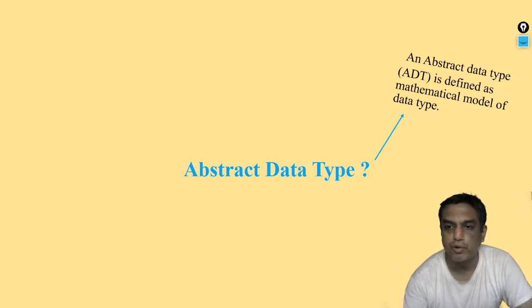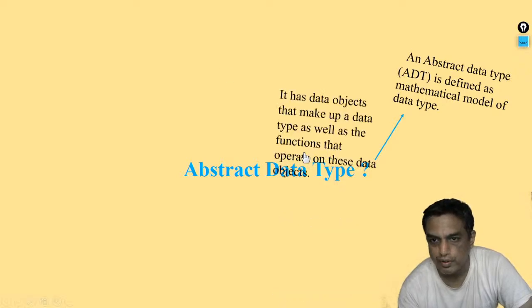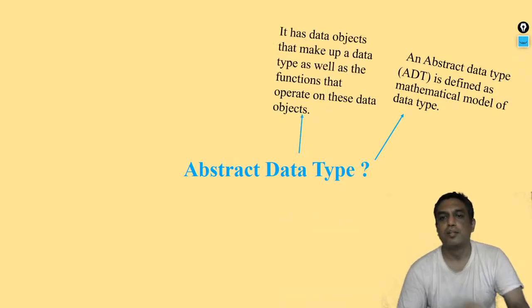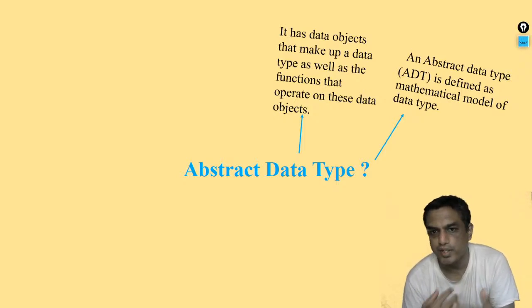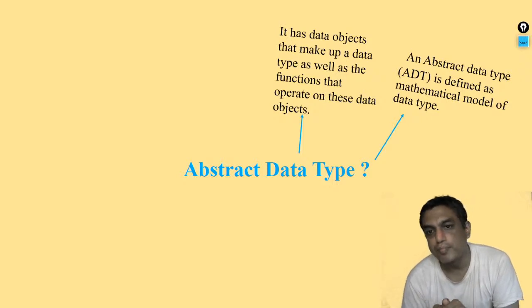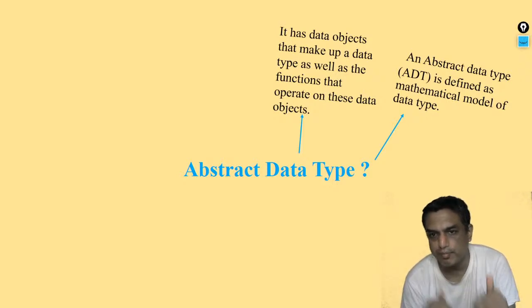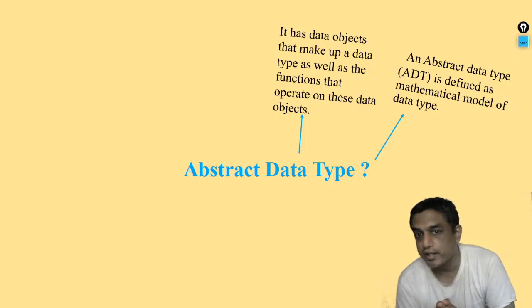So that mathematical model has data objects, right? Objects, you can consider as data items that make up a data type. That means these data items combined together will prepare a new data type. So what does an abstract data type have?